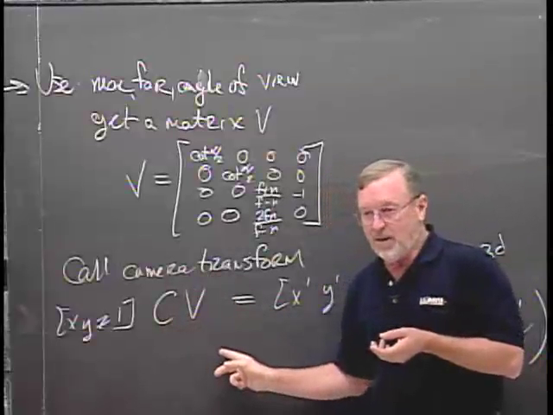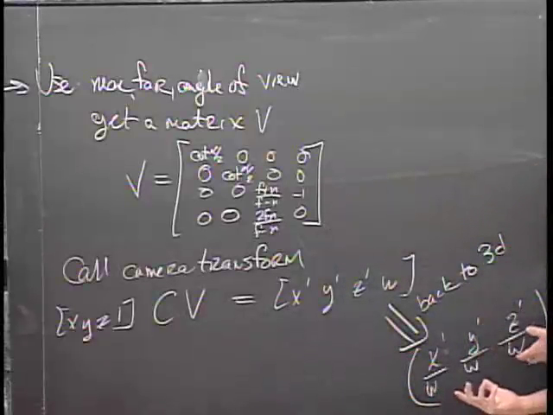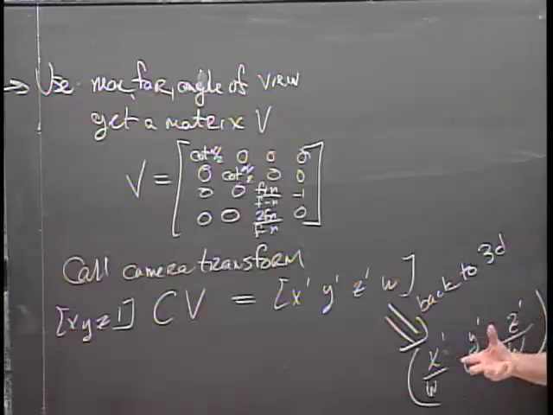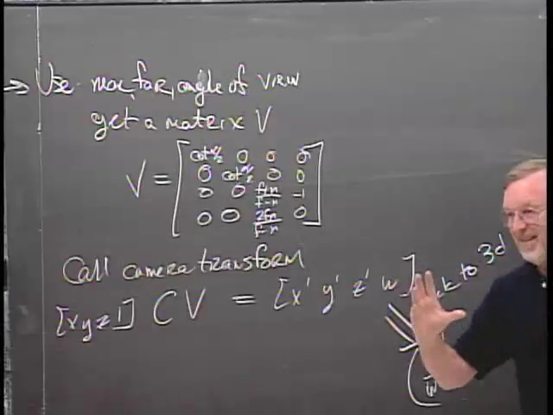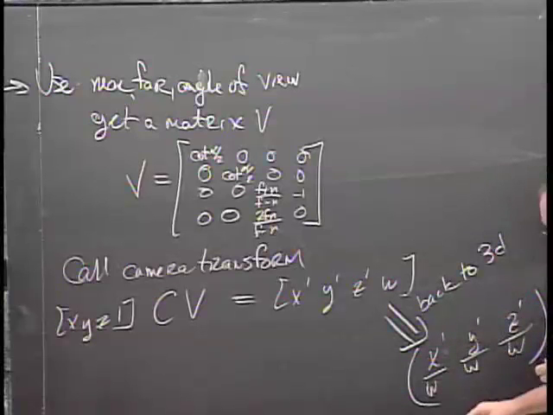Okay, every single one gets hit by this matrix. Okay, every single one gets divided by W. Okay, and so when we're done, everything gets shifted in front of us. Right, so that after we divide by W, we have a point in three-dimensional space in what we call image space.